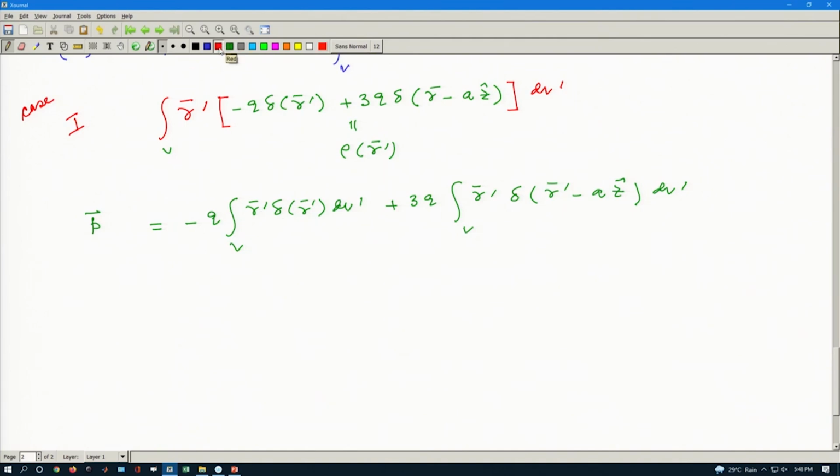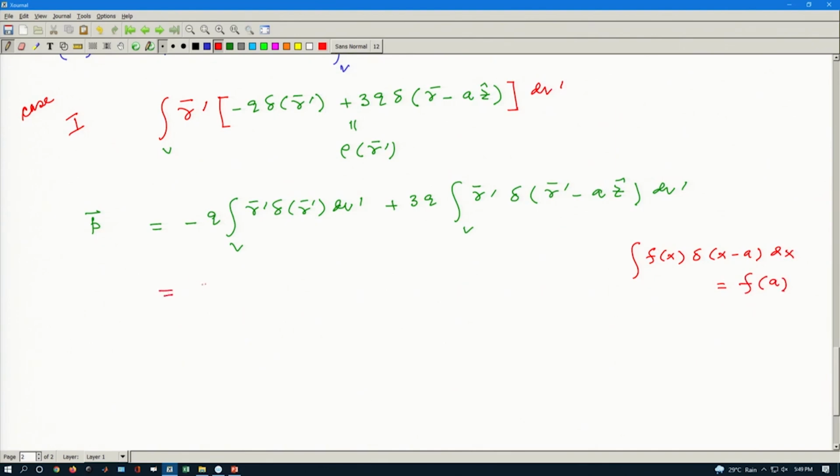I am going to use this rule. If you forget, again let me write it here: the integration of function of x delta x minus a dx is equal to function of a, a very famous identity.